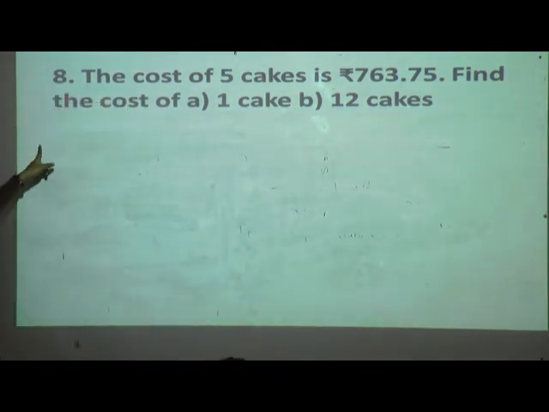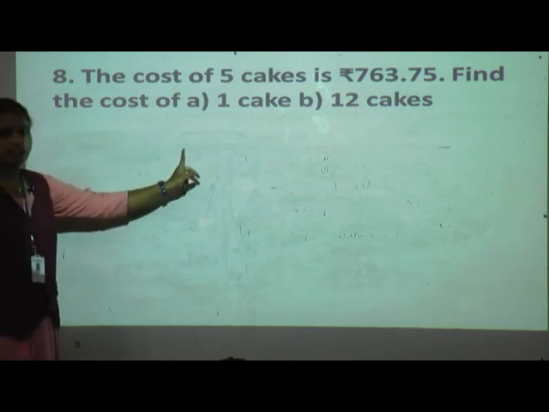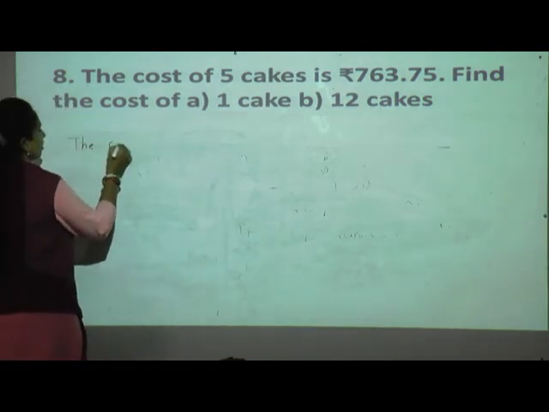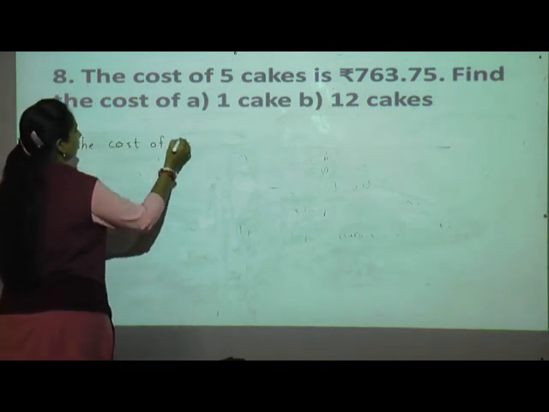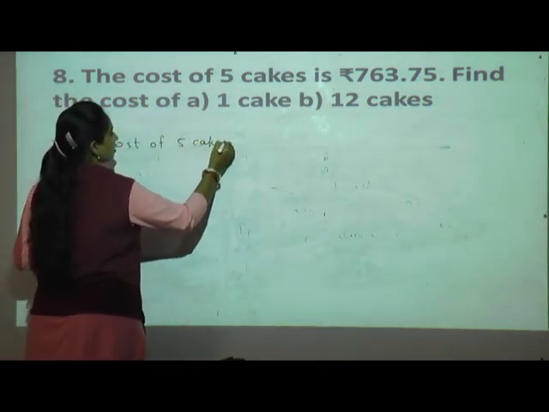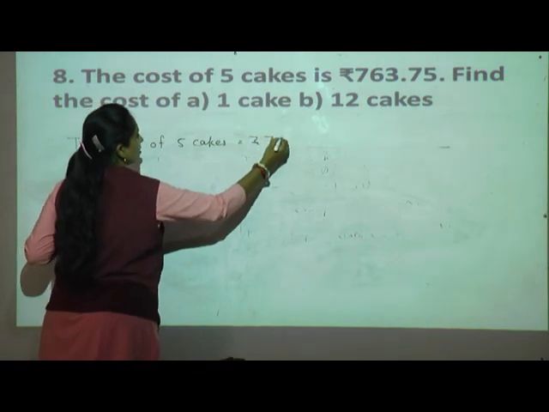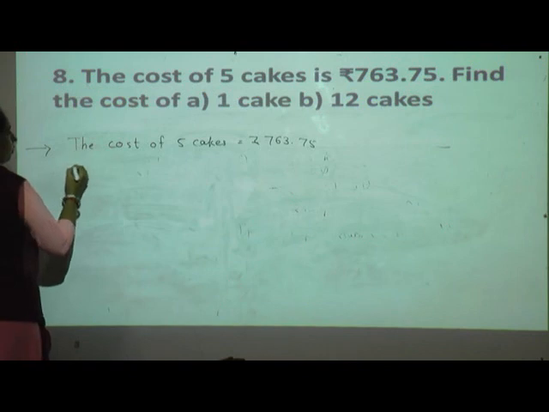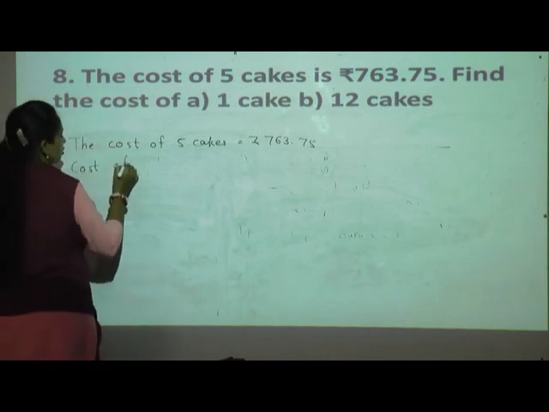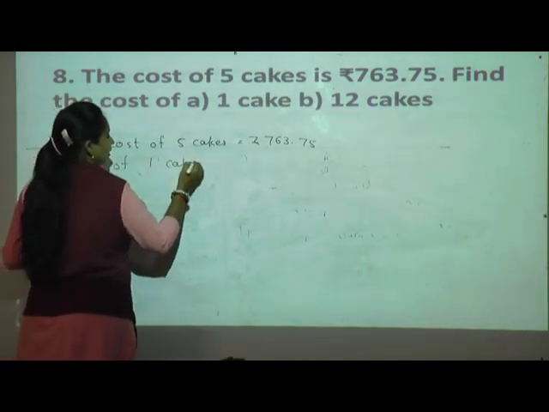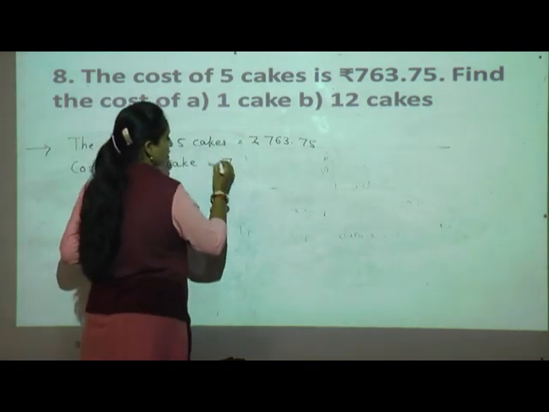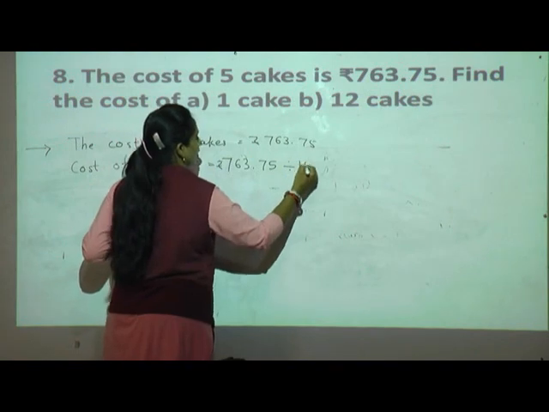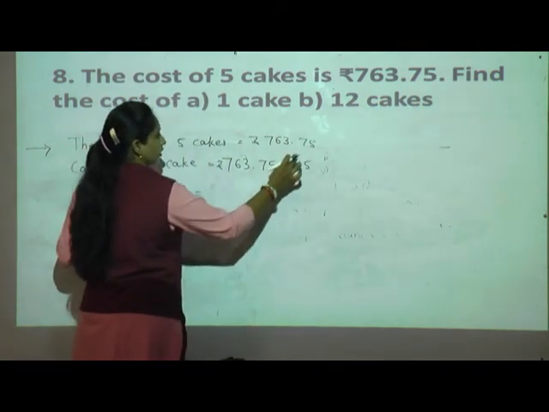So what will you write first? The cost of 5 cakes is equal to rupees 763.75 paisa. Then you have to find out the cost of 1 cake is equal to rupees 763.75 paisa divided by 5.